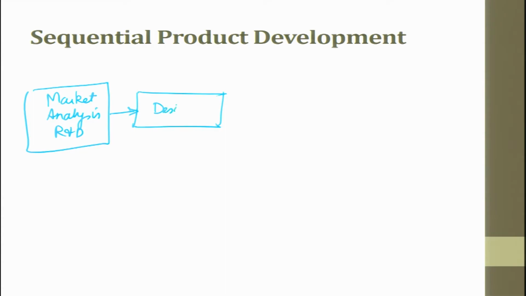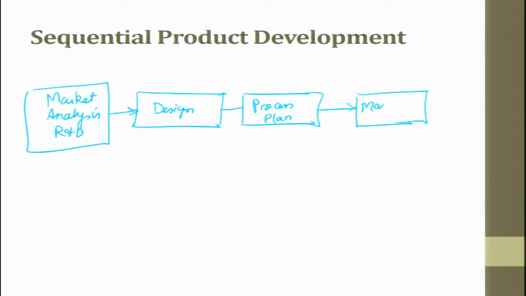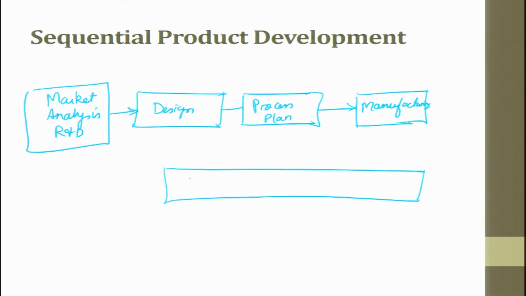All these things are in sequence: design, then we have process plan, then we have manufacturing, then we have engineering changes.